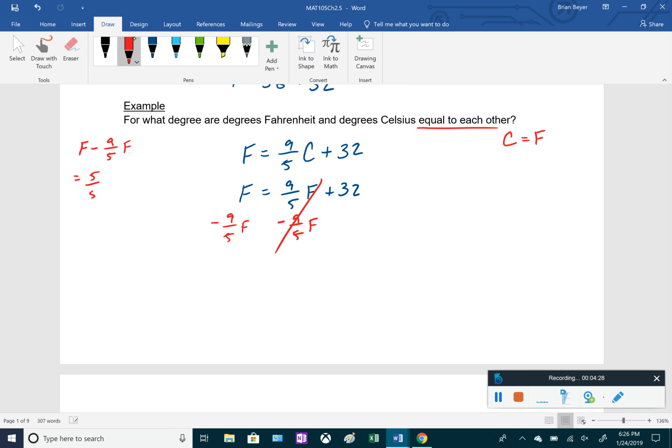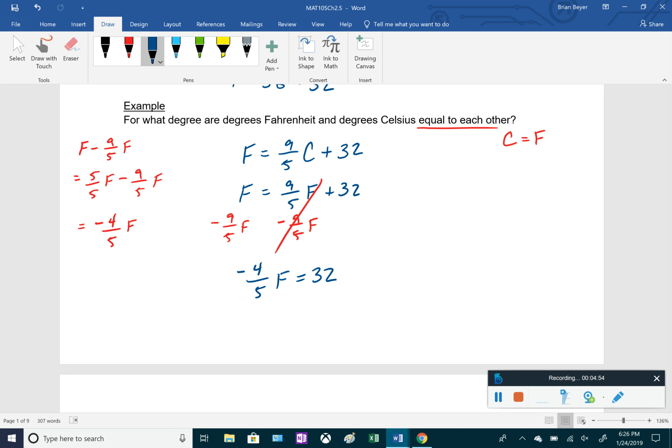The common denominator will be 5. So the first F becomes 5/5 F minus 9/5 F. That's going to give us 5 minus 9, so negative 4/5 F. So that's on the left-hand side here. That equals 32.